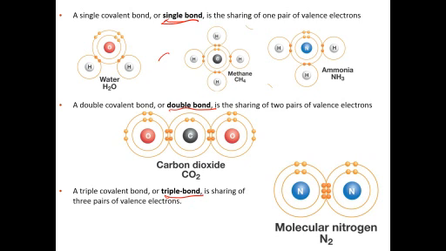So here you have, for instance, methane. The carbon atom has 4 valence electrons, meaning it has 4 vacancies. So that means you can pair up with 1 hydrogen atom per vacancy.